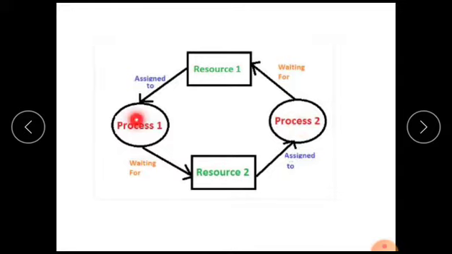But process 1 is waiting for resource 2. Process 1 already has resource 1, but it is waiting for resource 2, which is held by process 2, and process 2, in the same manner, is waiting for resource 1 while it already has resource 2.